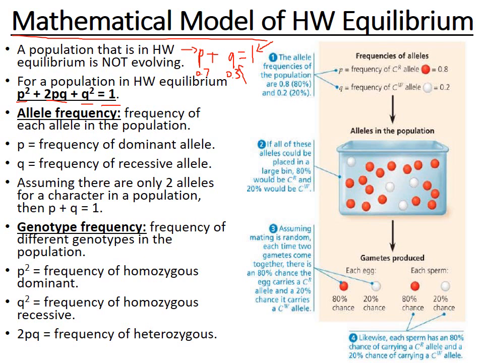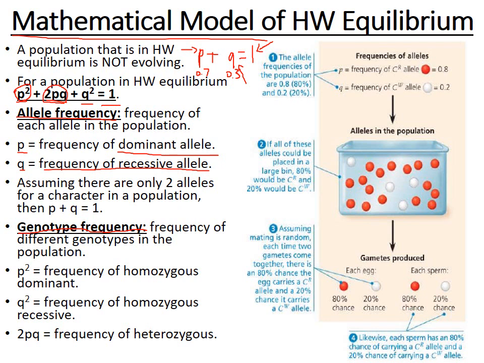Again, p represents the frequency of the dominant allele, and q represents the frequency of the recessive allele. Now, those are allele frequencies. You can also figure out genotype frequencies, the frequencies of the different genotypes in the population. The different parts of the equation represent different genotype frequencies.